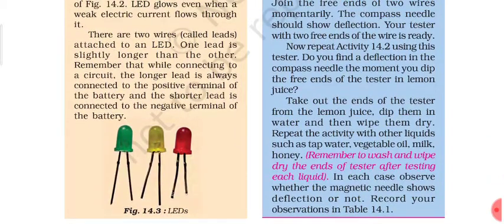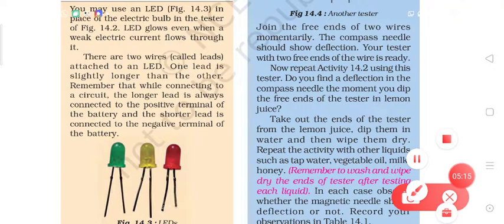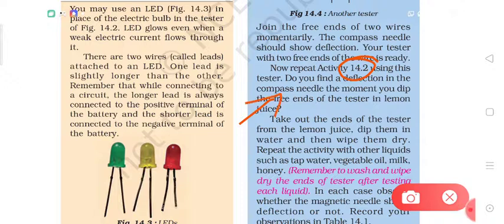So what we will do now, we will repeat the activity number 14.2 with the same type of tester. We will dip the two free ends of the tester in the lemon juice, and we will see that the lemon juice is a good conductor and the magnetic compass needle is moving, meaning it is showing deflection.